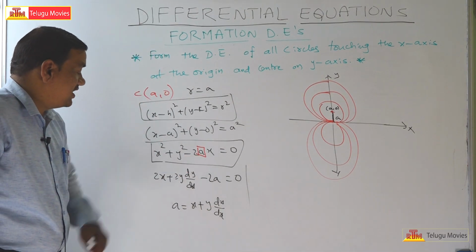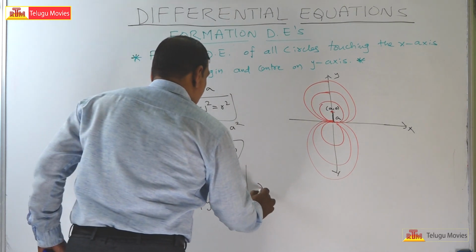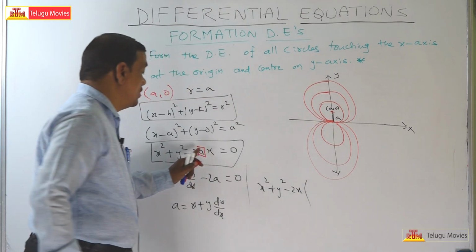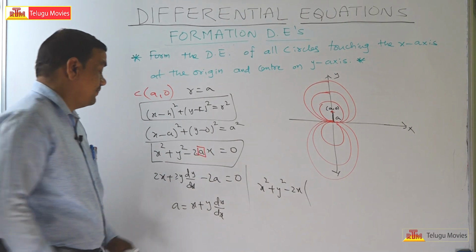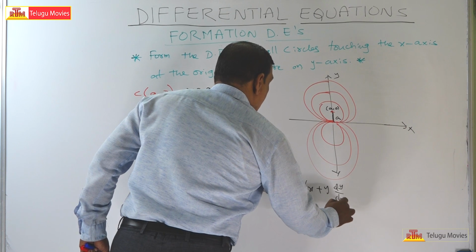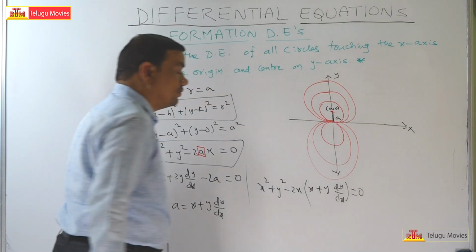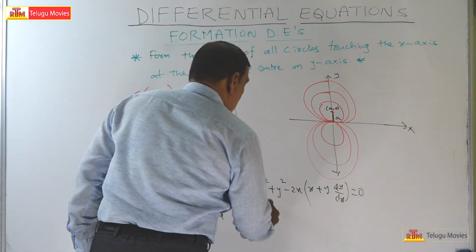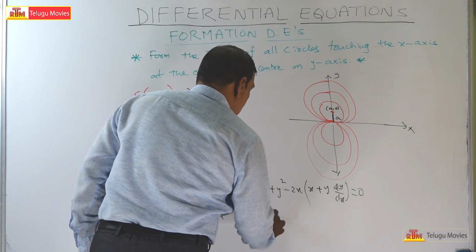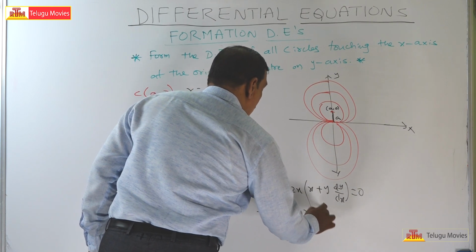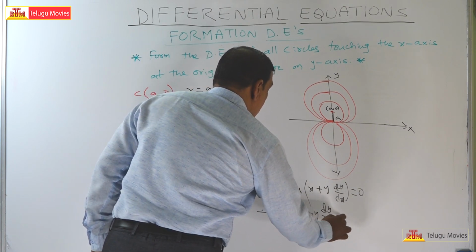So now substitute the a value here. This is x square plus y square minus 2x into (x plus y into dy by dx) is equal to 0. Understand? Now you can simplify this. So this is x square minus 2x square, this is minus x square plus y square minus 2xy into dy by dx is equal to 0.